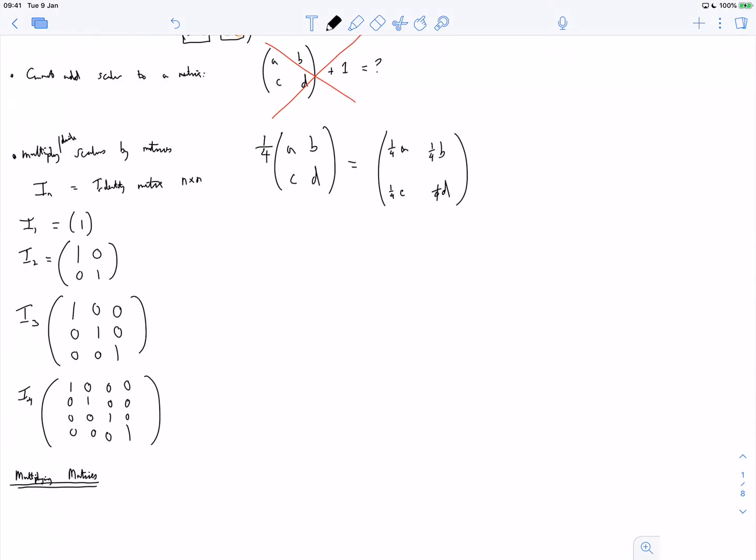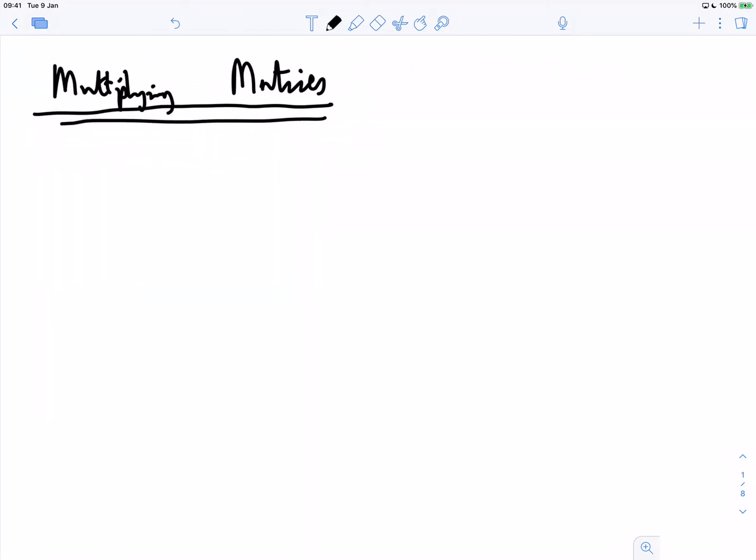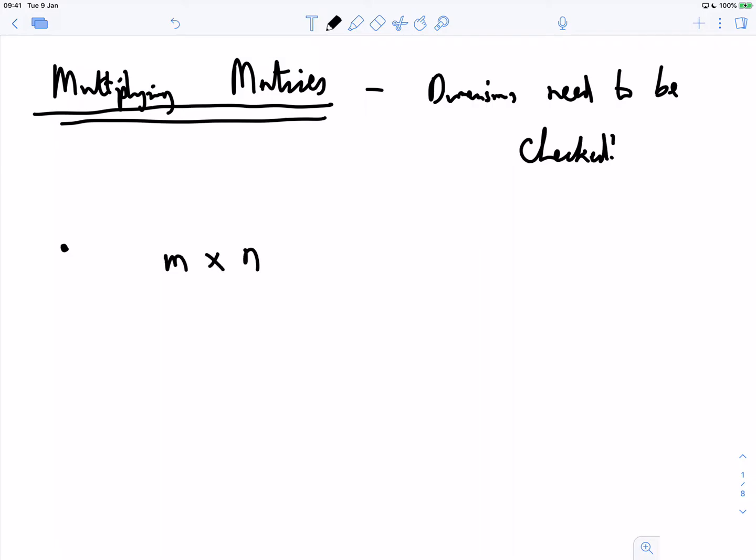However, multiplying and dividing matrices is a different kettle of fish. And this is where dimensions need to be checked. And there's a bit of an odd rule here. It only works if I have an m by n matrix and I multiply by an n by, let's say, p matrix.